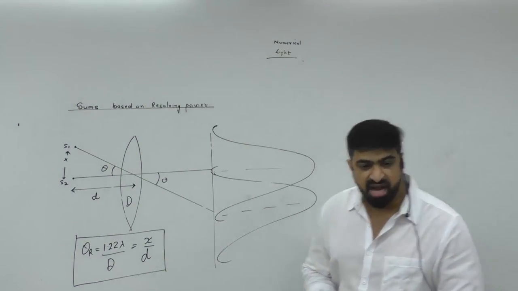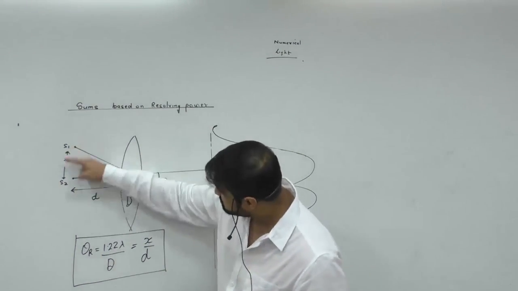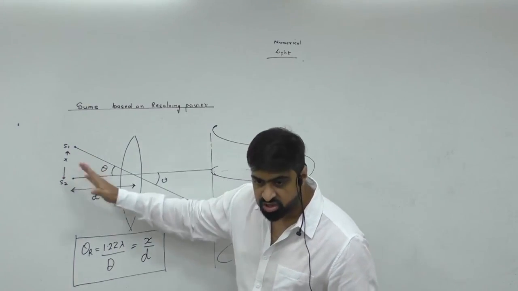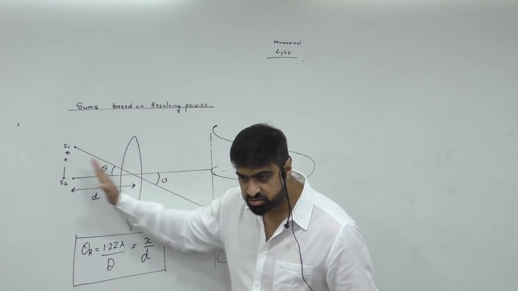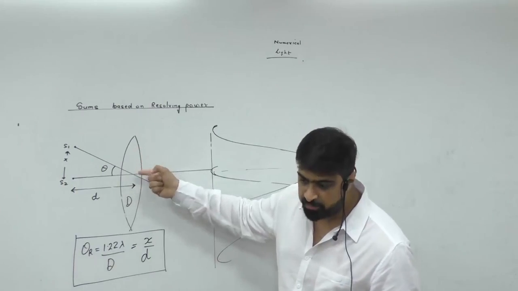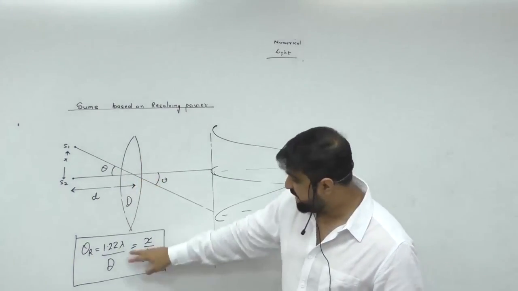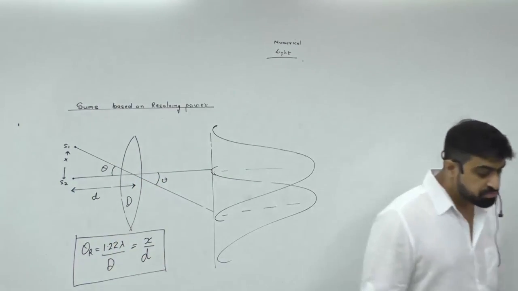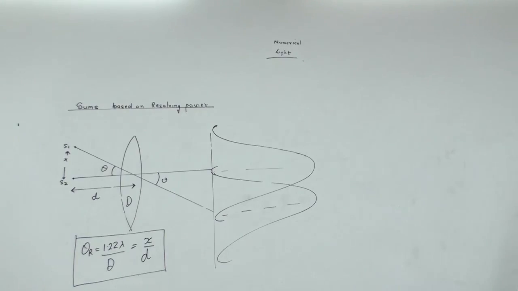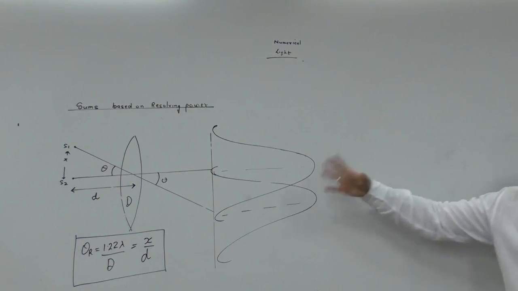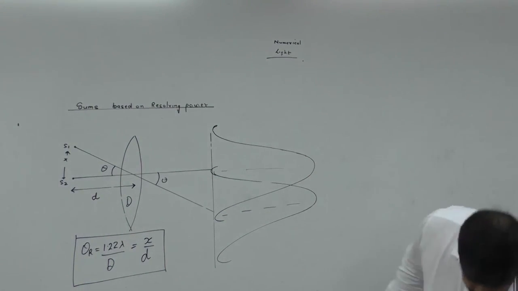What does x stand for? Distance between two objects which are to be viewed. What is small d? Distance from the lens. बड़ा D is the diameter of the aperture and lambda is the wavelength. ठीक है, अभी इसके ऊपर एक क्वेश्चन देखते हैं हम लोग, फिर आगे बढ़ेंगे.